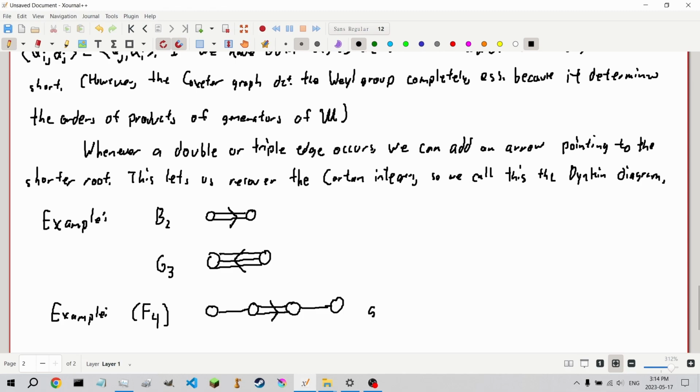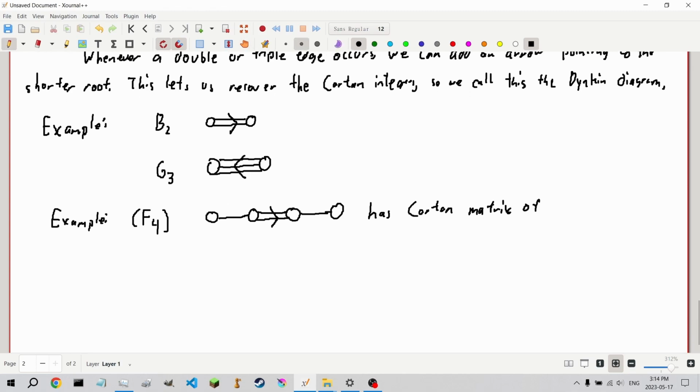And this has a Cartan matrix of, okay, for our first column, I'm not even going to write the brackets until we have all the numbers. First column, we have 2, -1, and then no links to the others.